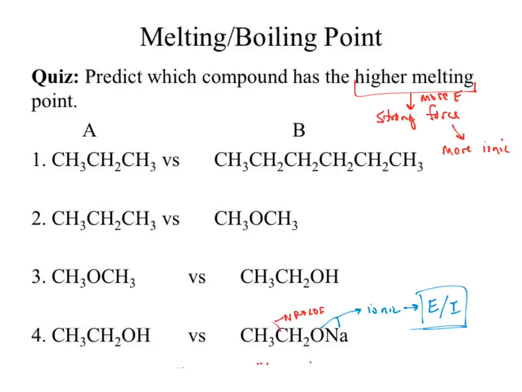We move up to 3, we'll do the same categorization. Carbon and hydrogen, what do I have? Nonpolar, which leads to London dispersion forces. Carbon and oxygen, what do we have?